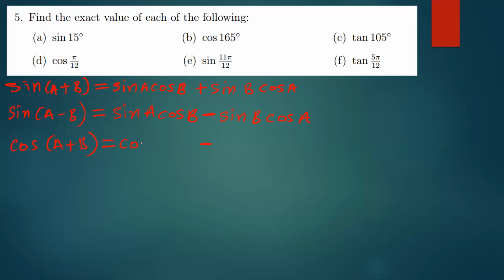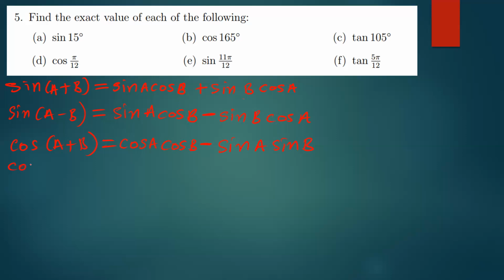If we have cos A here, we're going to have cos B there, and this side will have sine A, then sine B. The only thing that changes for cos is the sign in between.